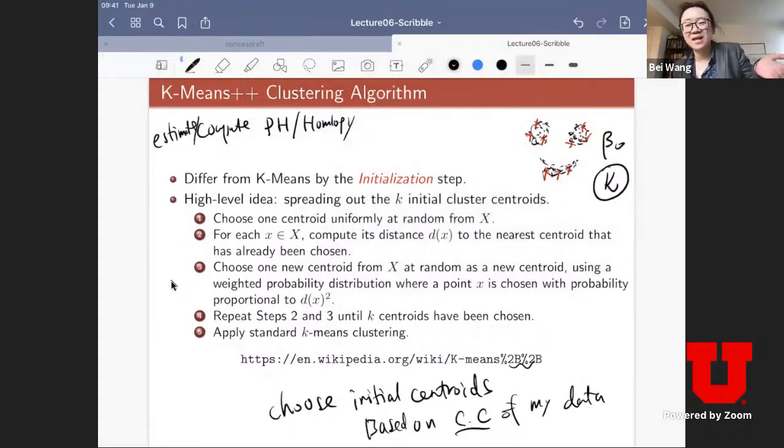So in other words, to some degree, when you compute persistent homology, you're already doing some sort of proximity-based clustering, okay? So this is something you really have to keep in mind. Ultimately, persistent homology, even though it's keeping track of the homological changes over time, inherently is a clustering algorithm, right?